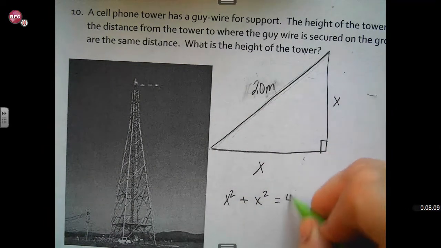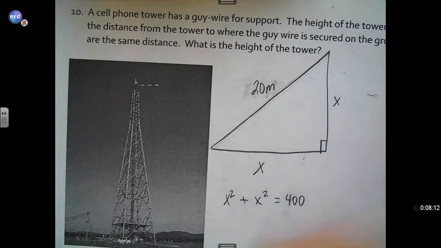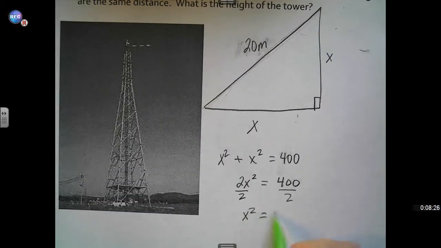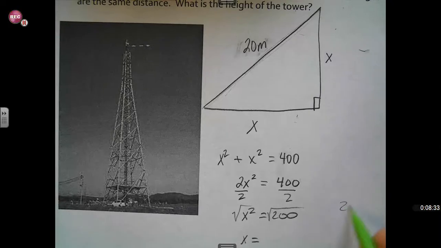Okay, that's probably better. So 20 squared is 400. I would add like terms first and get 2x squared equals 400. Then I would divide both sides by 2 and get x squared is 200. And then I would take the square root of both sides. 200 is 2 times 100, 2 times 50, 2 times 25, 5 times 5.